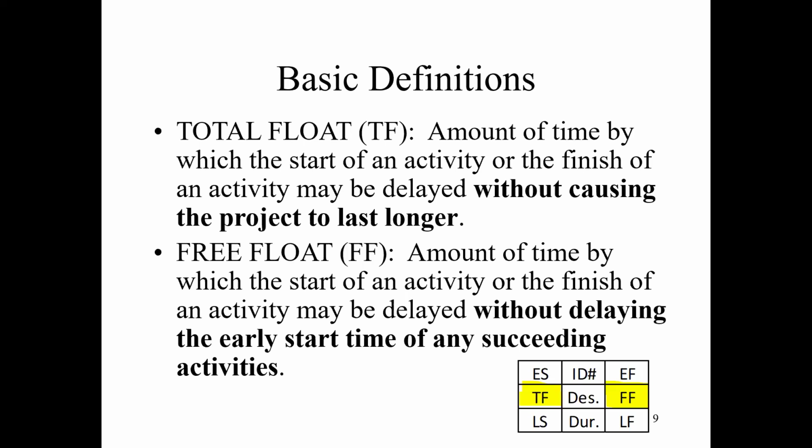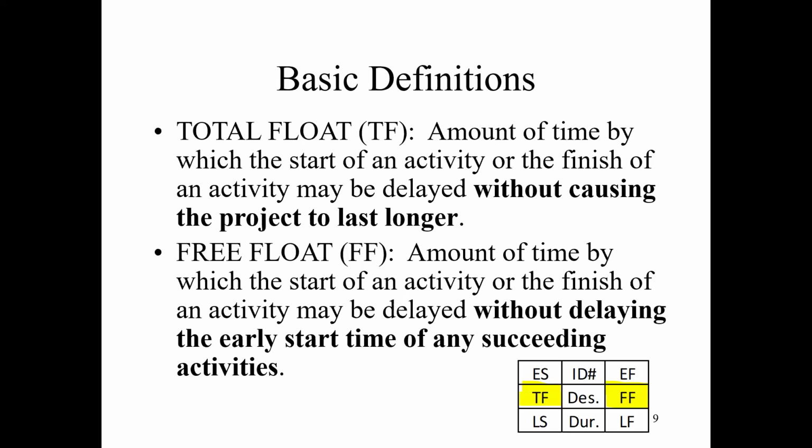That means the project duration is still the same, but your activity is free to move. You will not impact anything else, right? And your free float is the amount of time by which the start or finish of the activity may be delayed without delaying the early start time of any succeeding activities.